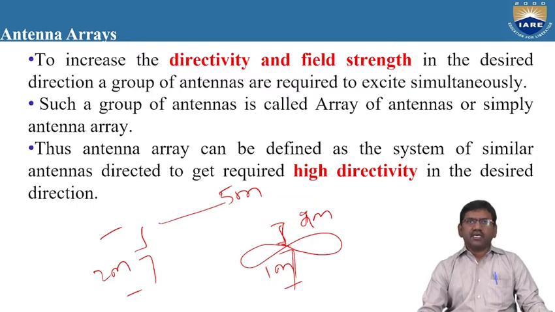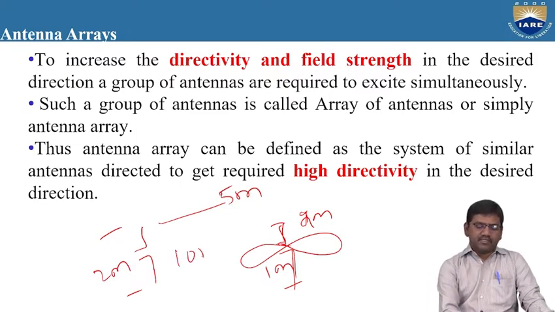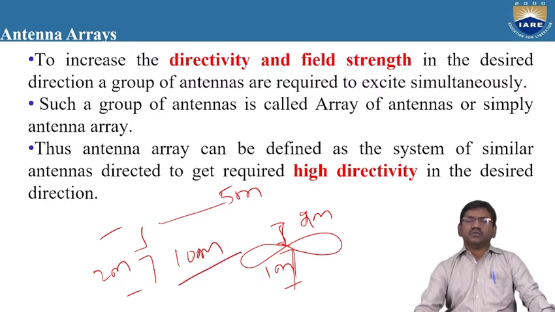Like this, if we want to increase the radiation range of the electromagnetic waves into free space to 1 kilometer, 2 kilometers or 5 kilometers, we need to increase the length of the dipole antenna. To transmit over a range of 10 kilometers, we would need to increase the height of the dipole antenna to at least 100 meters, which is impractical.